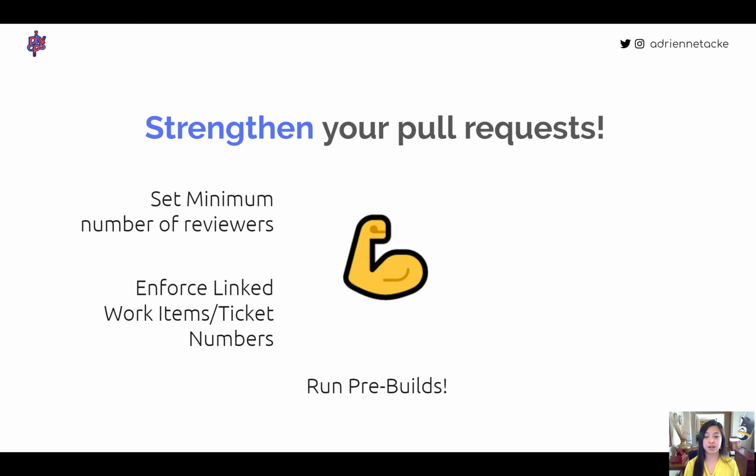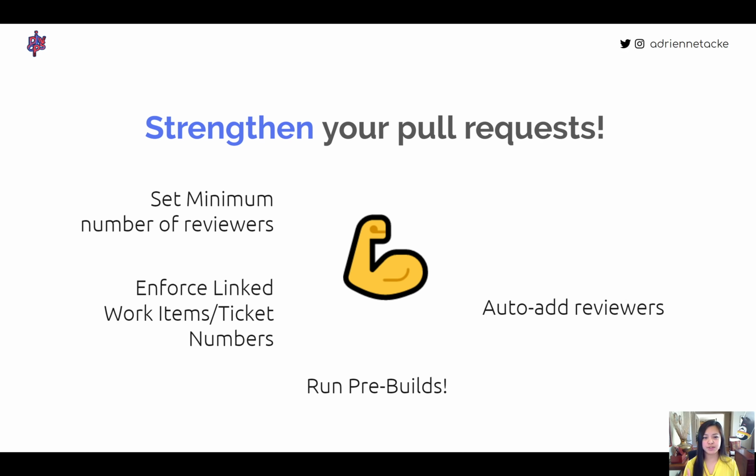So in the same fashion, if you can do that in your pipelines, I highly suggest doing that, because it's, again, another step that you can double check that the changes you're about to commit will work and won't break the build. And if it does fail on the pre-build, well, you have a chance to fix it before it actually goes further into the pipeline.